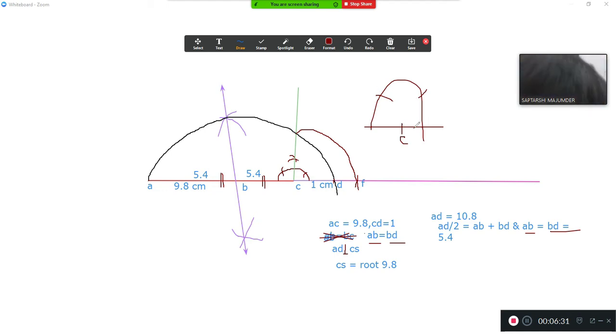If you place your compass here, you can do the same process, but I am just doing one process only. So do this, and again place your compass needle at this point, and make an arc. After making an arc, join at the intersection point. So this will be perpendicular to the line formed.